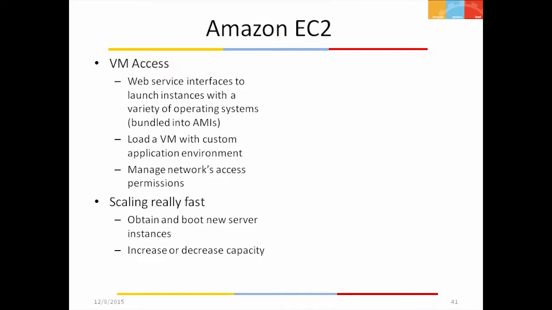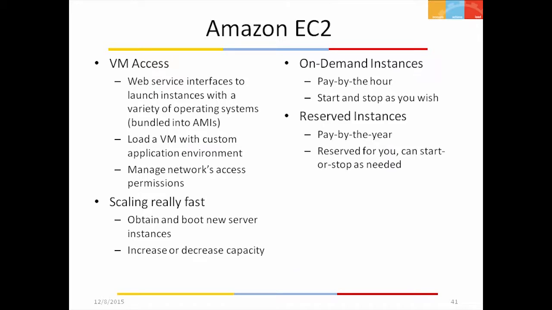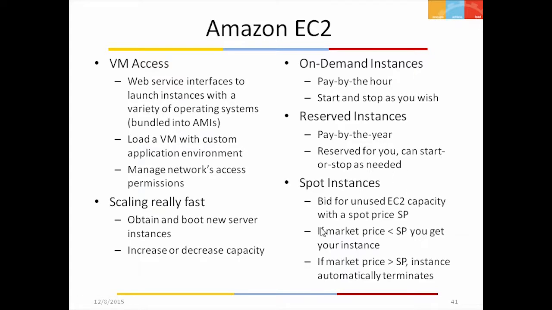You can obtain and boot new server instances really quickly. You can increase or decrease the capacity. On-demand instances are pay by the hour, as I said, start and stop as you wish. You can reserve an instance and pay by the year. If you reserve the instance, it can be stopped or started as needed.